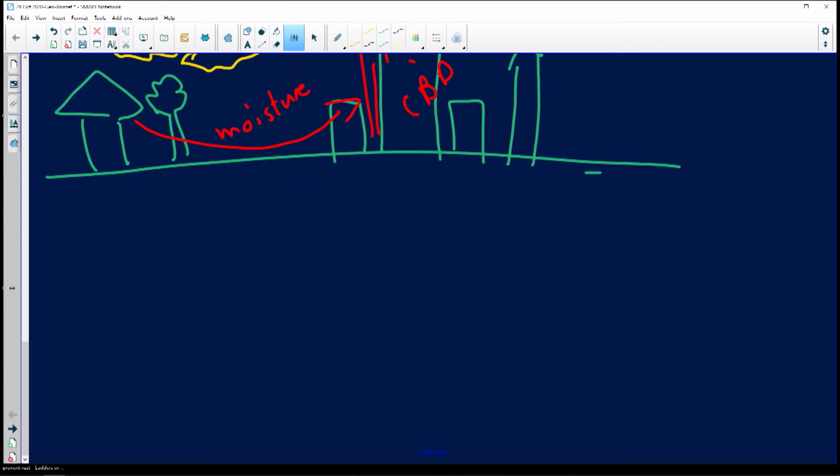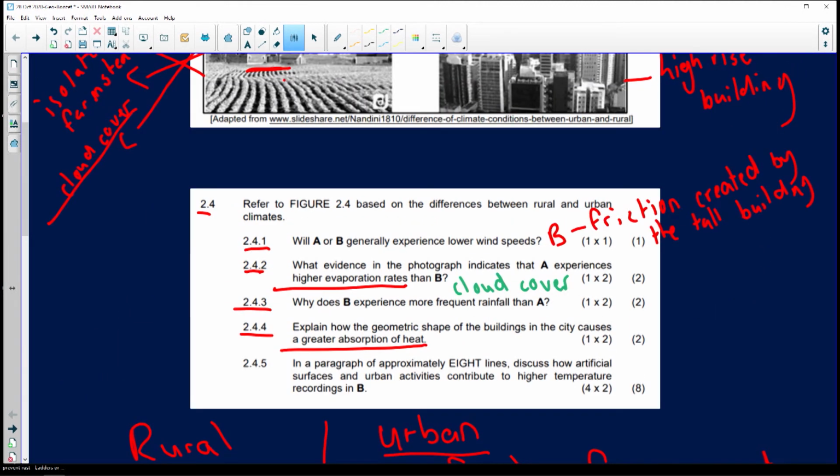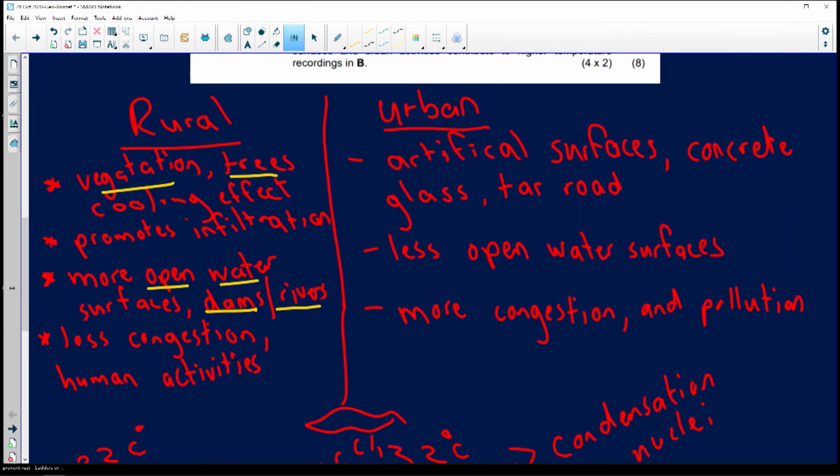Some of these buildings reflect because of glass, and some of them absorb because of concrete. So these geometric shapes, all these buildings from all angles, what do they do? They create more heat. Okay.